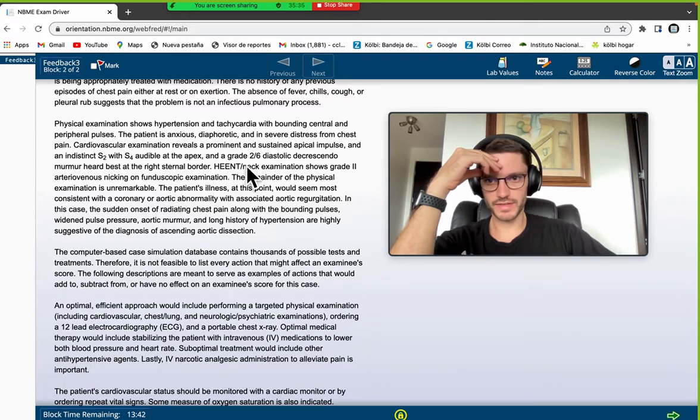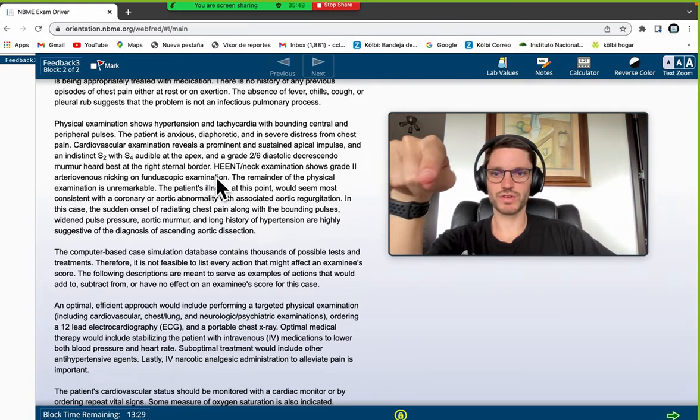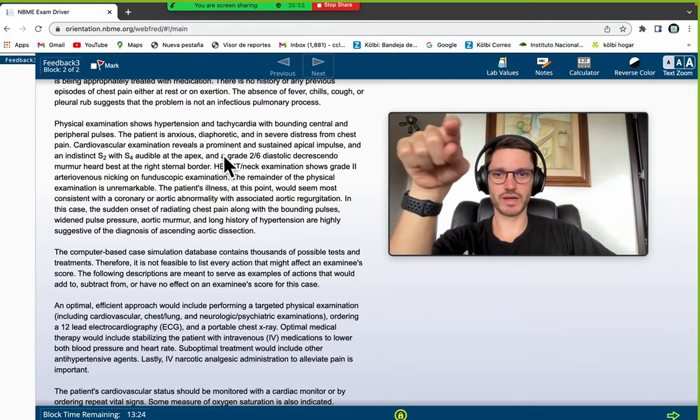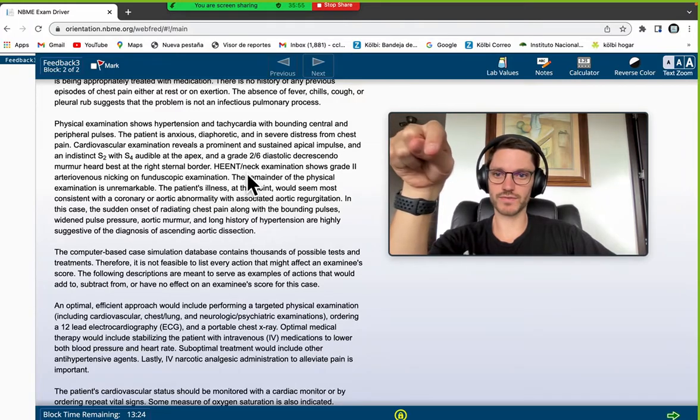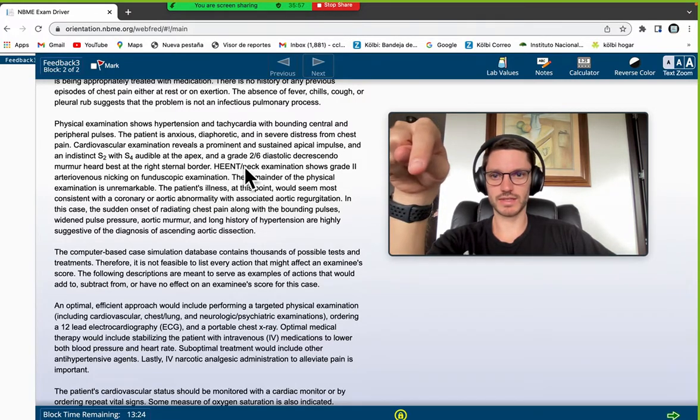Okay, oh, we didn't check this one. Neck examination, this was important, so we didn't get this information. Arteriovenous nicking on fundoscopic examination. Remember I mentioned a fundoscopy? I thought that was included in the neuro exam that we did ask for, but no, it's a hint.